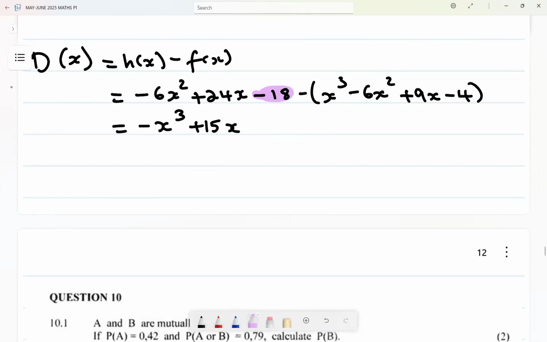Then negative 18 plus 4, guys, it is negative 14. This is the equation of d.